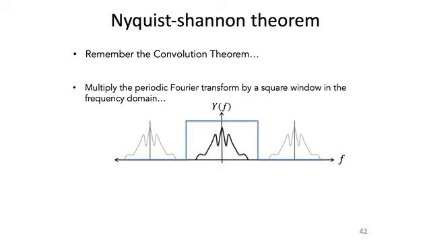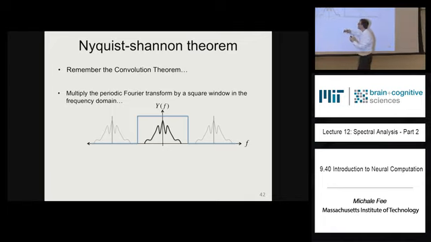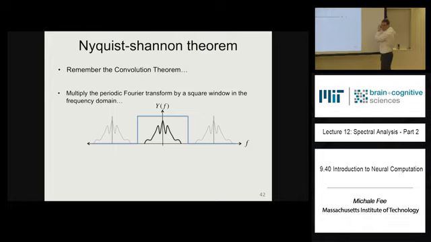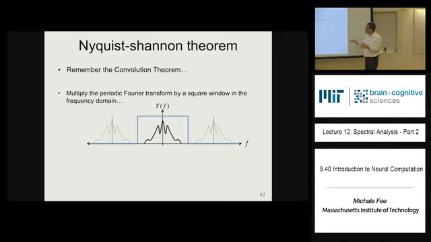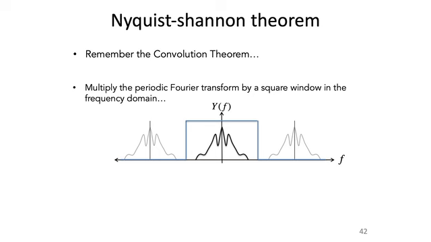So how do you do that? Basically, your regularly sampled signal has this Fourier transform with repeated copies of the spectrum. So how would I recover the spectrum of the original signal? Well, the spectrum of the original signal is just this piece right here.